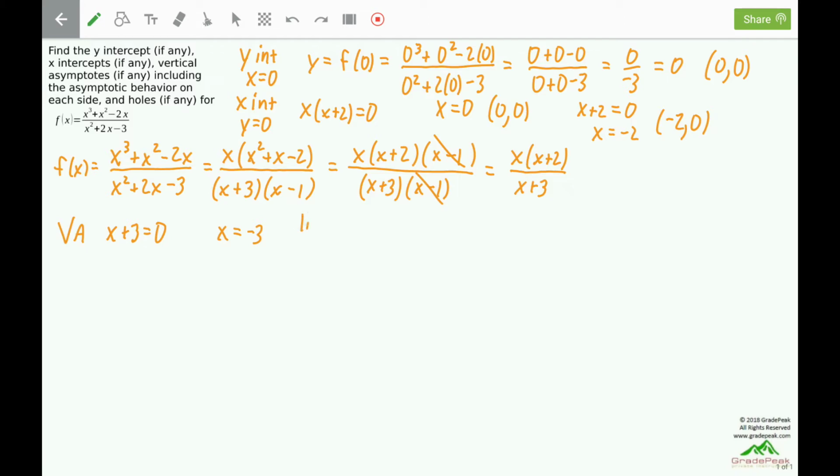We can now analyze the asymptotic behavior on both sides of the negative 3 by the left-sided limit, and this is always done on the fully factored canceled version of the function, and the right-sided limit, also on the fully factored canceled version of the function.